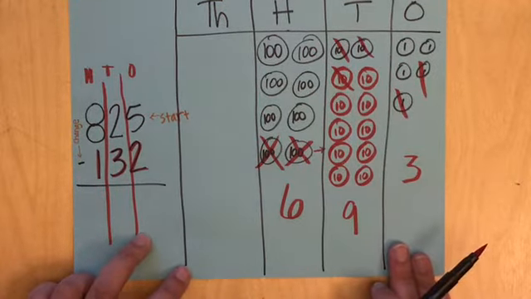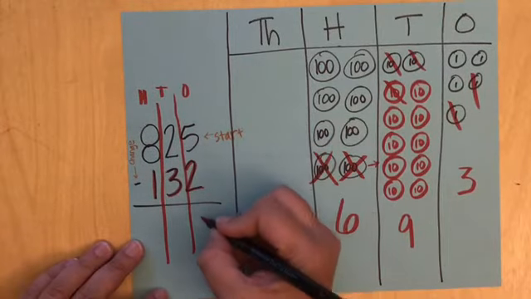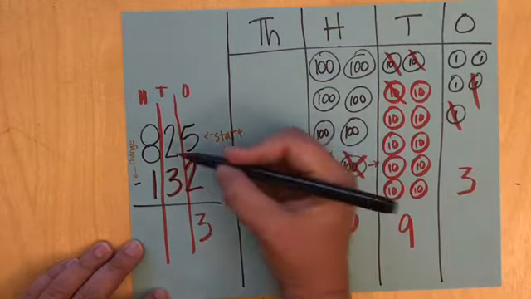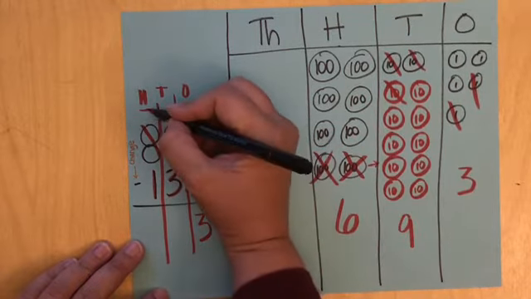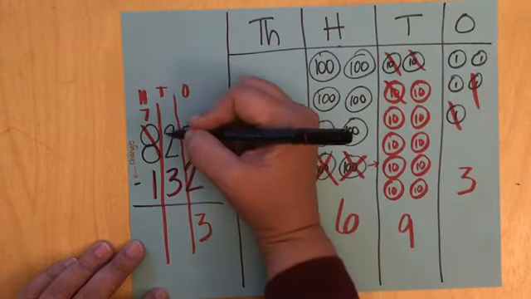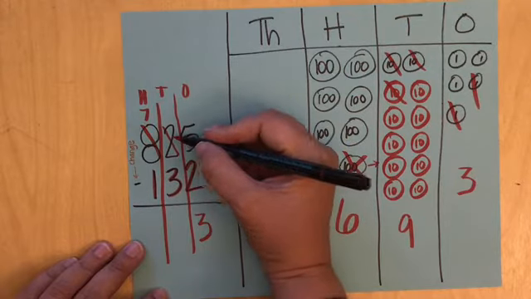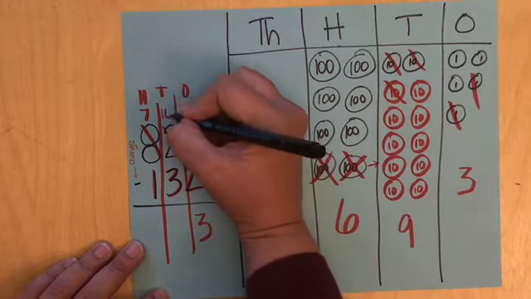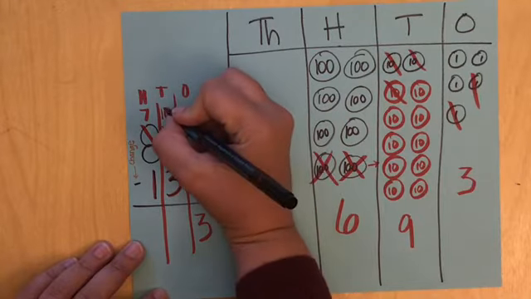Let's see how that works with the standard algorithm. So if I have 5, take away 2, that would be 3. 2, take away 3, can't do it. So we're going to cross out our 8 hundreds, and now we're left with 7 hundreds. And we're going to turn those into 10 tens and then add the 2 tens that we had left. So we brought 10 tens over. Oops.